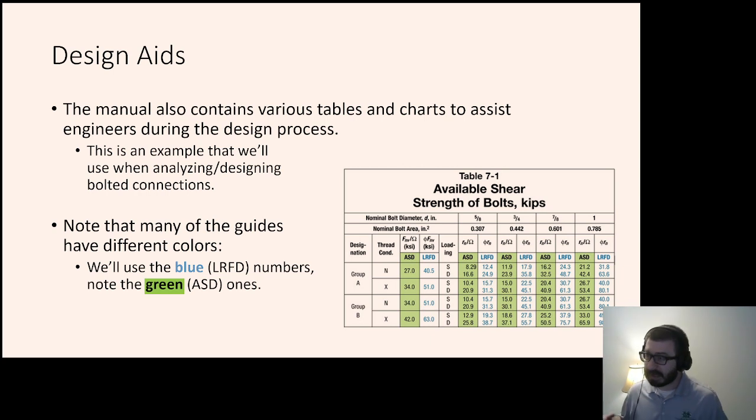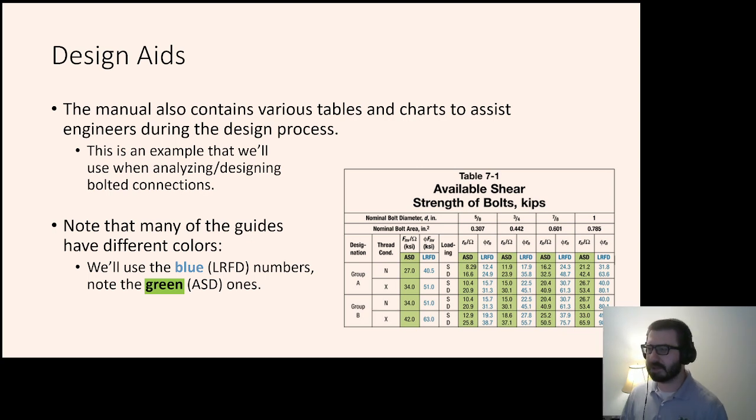Okay, design aids. So we're going to be using various design aids throughout the semester. And one of the things that you'll notice in these design aids is that a lot of them have a color scheme associated with them. Remember that we had separate manuals for ASD and LRFD. So whenever you open these design aids, be cognizant that you're looking at the right numbers.